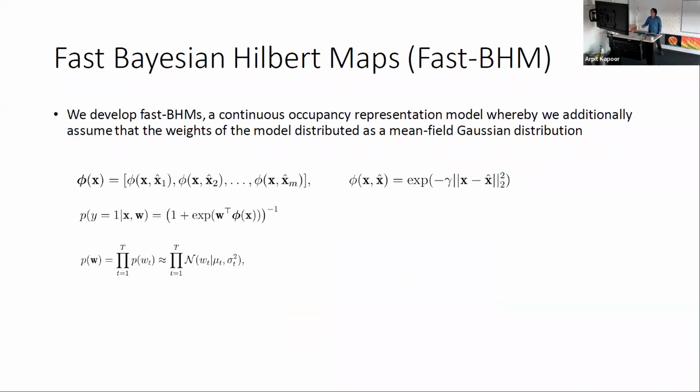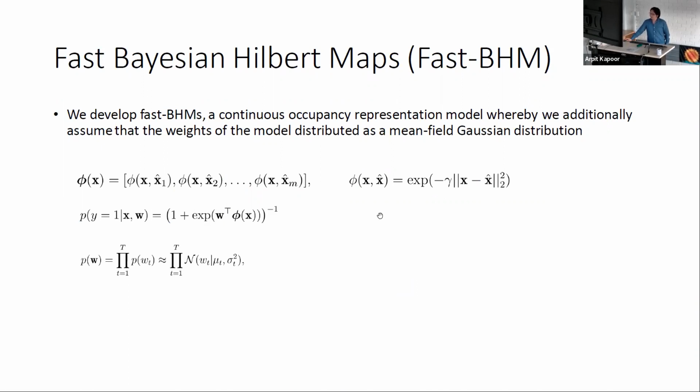So my contribution to this is to develop a fast Bayesian version of this. If you can do logistic regression, you can also do Bayesian logistic regression and have distributions over the weights, right?